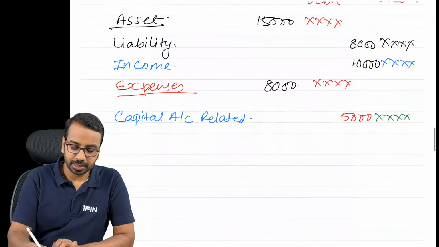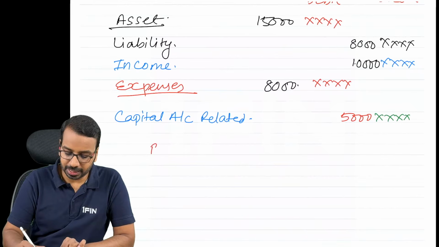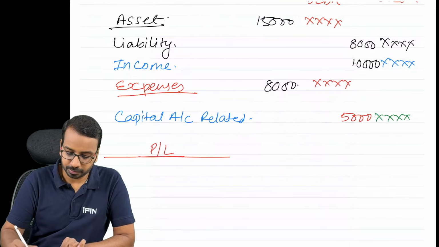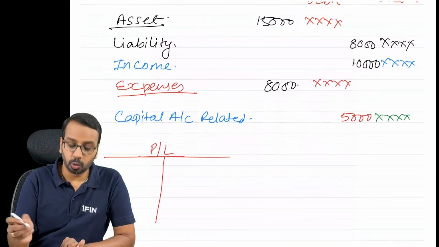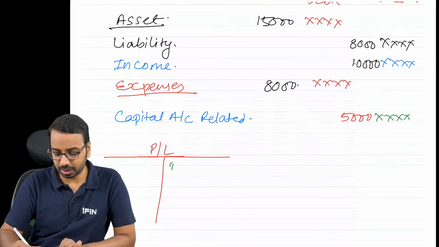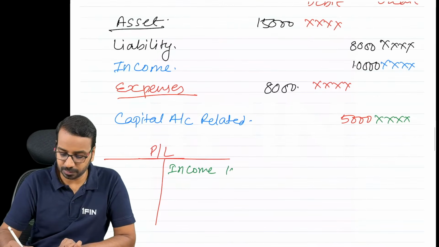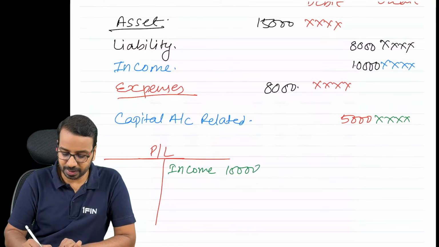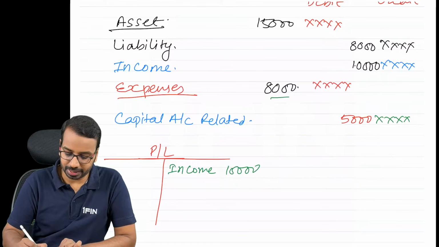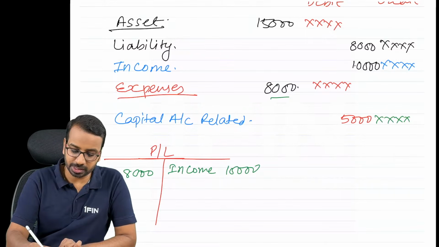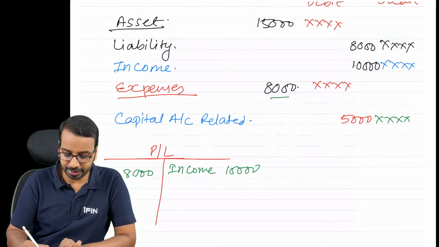Now, when we prepare P&L, where do we take the income? Sir, on the credit side. So income is 10,000. Expenses are 8,000. So what is the balancing number? Profit 2,000.